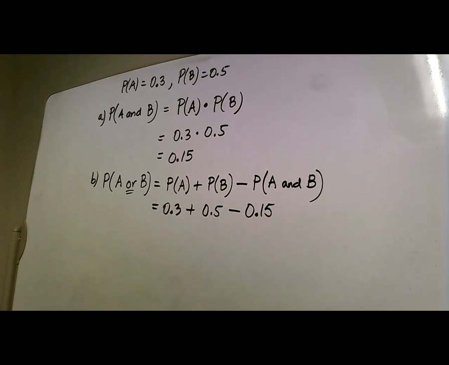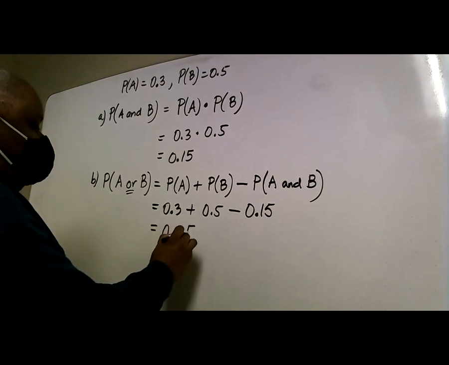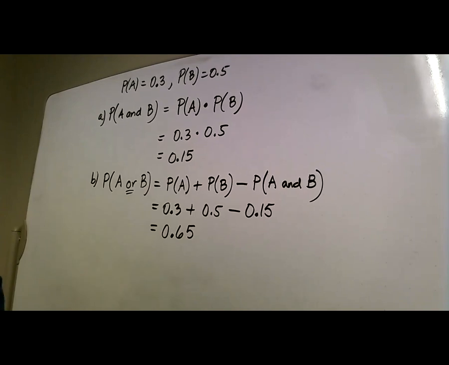So what's 0.3 plus 0.5 minus 0.15? 0.65. Any questions about problem number 12?